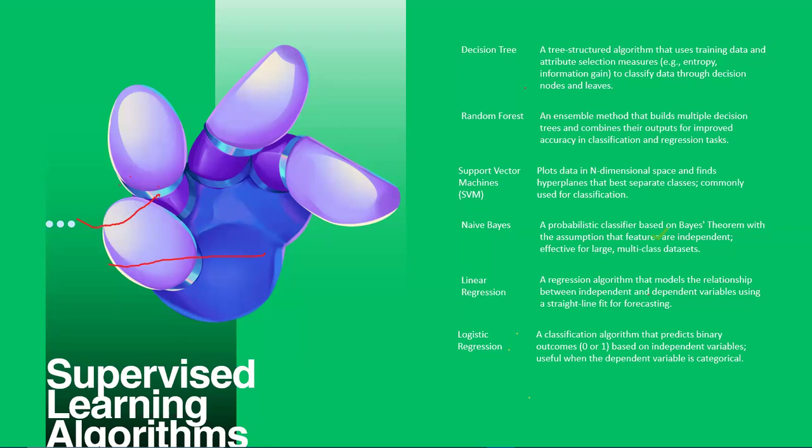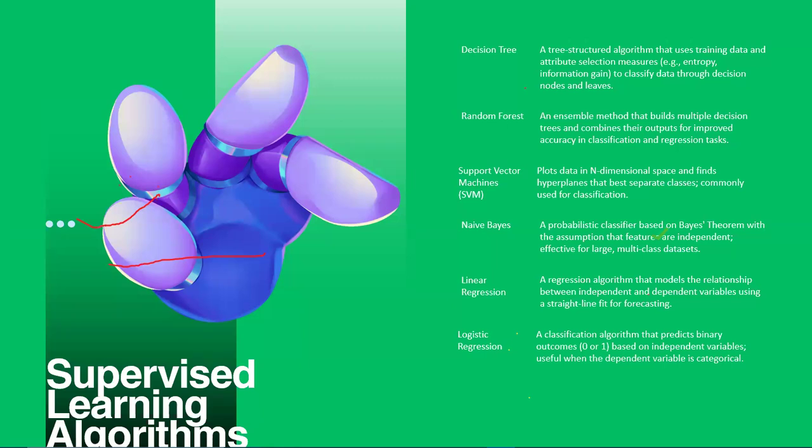We just explained how a tree works, but imagine multiple trees making decisions, and then we aggregate their decisions at the end. That is how a random forest classifier or regressor works.